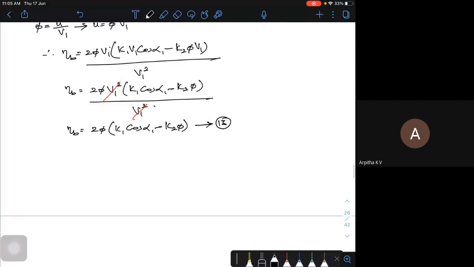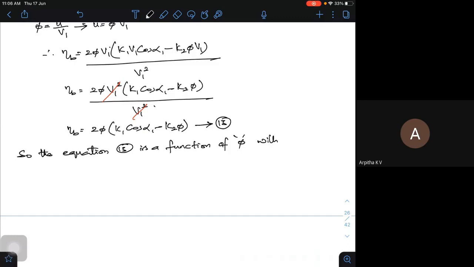So equation 13 is a function of speed ratio phi, where k1 and k2 are the constants, and for a given value of alpha 1.